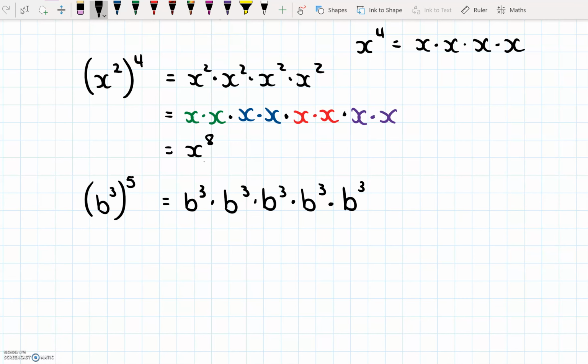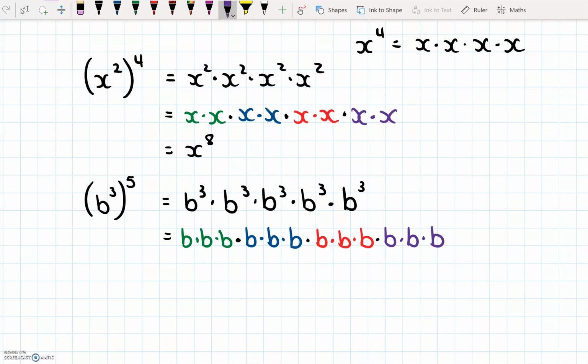Okay, so let's write this out, what this means in the long way. So 1, 2, 3 times 1, 2, 3 multiplied by 1, 2, 3 multiplied by 1, 2, 3, and we've still got one more to go, multiplied by 1, 2, 3.